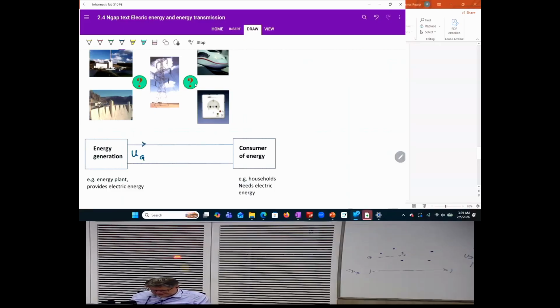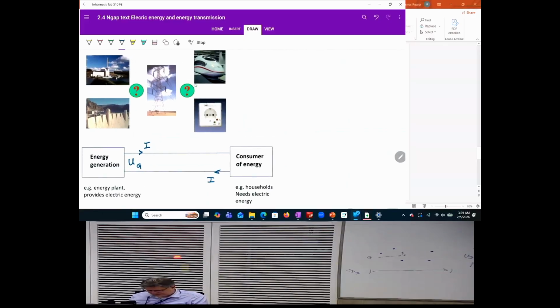You have this power line that carries a current I, and of course the current is also being carried back again. And then you have the consumer side, where you have the voltage at the consumer.